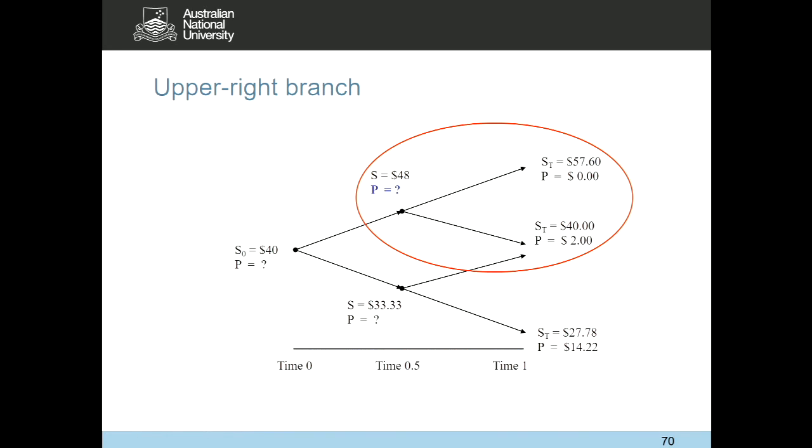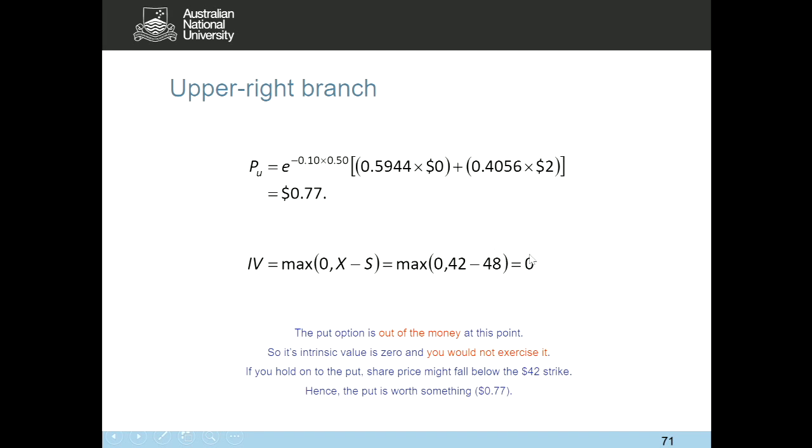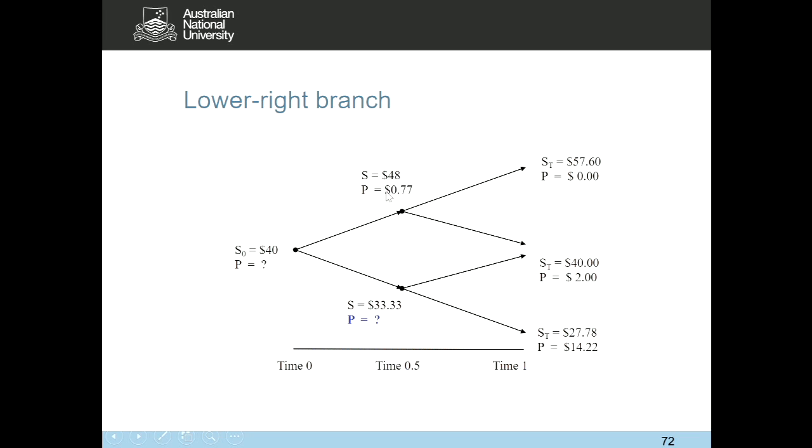In other words, you would not want to exercise this put option at this node, because exercising at this point will lead to a loss. So the decision is not to exercise, and by waiting longer, if you hold on to this put option, the discounted expected payoff of the put option is 77 cents. So waiting longer will give you a higher value. All right? So what you do is you write down the higher value, 77 cents.